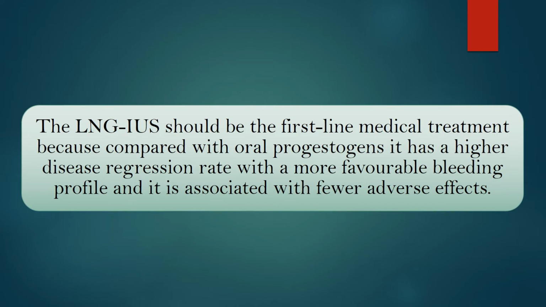The LNG-IUS should be the first-line medical treatment because, compared with oral progestogens, it has a higher disease regression rate with a more favorable bleeding profile and it is associated with fewer adverse effects.